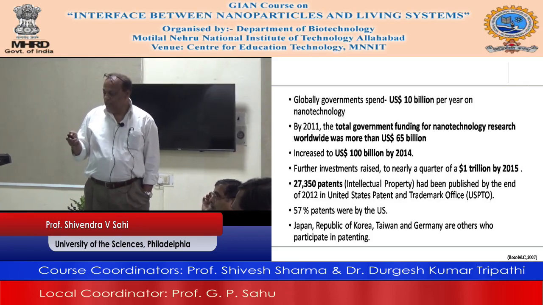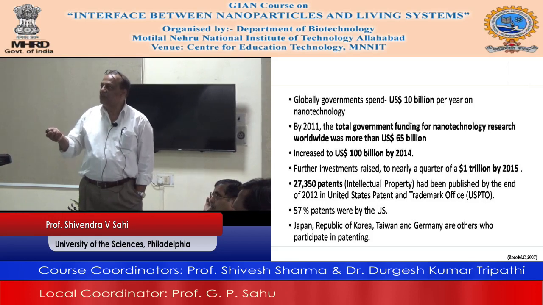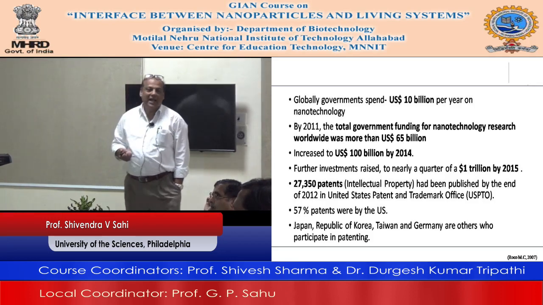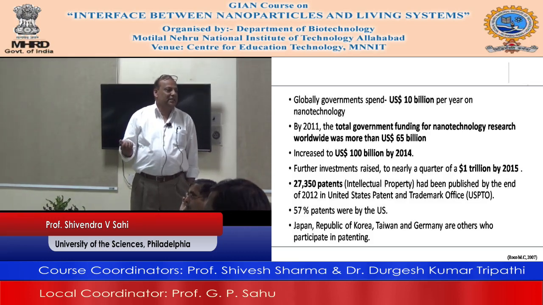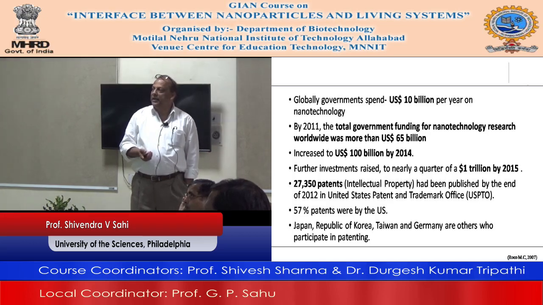So basically, mostly in health in the USA, and Japan also mostly in health. So from this diagram you can make out which country is investing a lot more and getting a lot more patents here, okay?